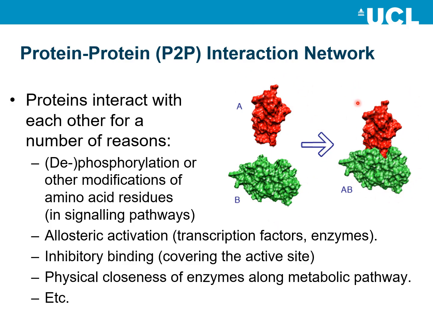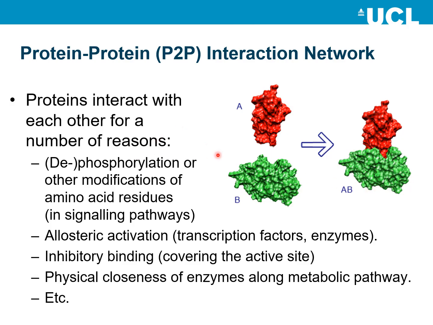It's because the experimental techniques allow us to detect proteins binding to proteins. This binding is used in all of the other pathways, signaling pathways, gene regulation pathways, and metabolic pathways.